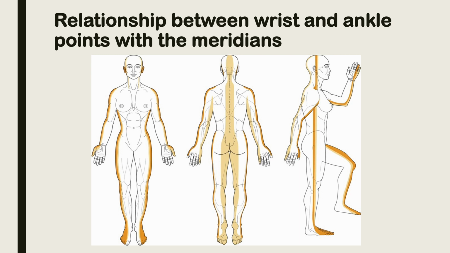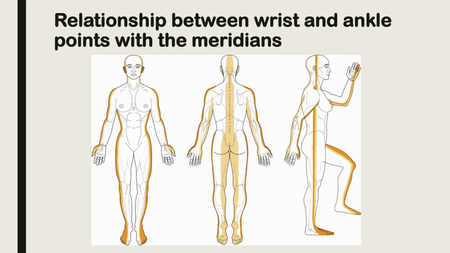The relationship between the wrist and ankle points with the meridians. The subcutaneous regions are the parts of the meridians located in the superficial layers of the body, based on the 12 regular meridians. Wrist and ankle acupuncture therapy divides the body into 6 longitudinal areas, similar to the 12 meridians of the body.